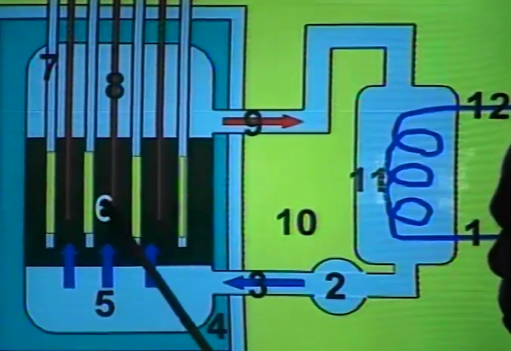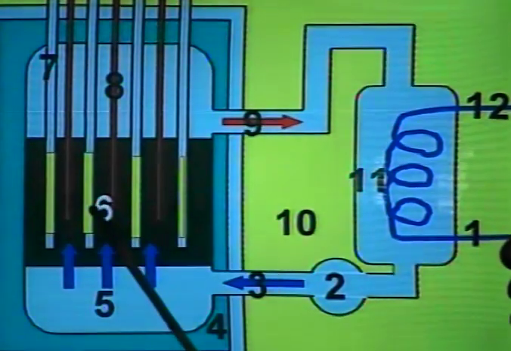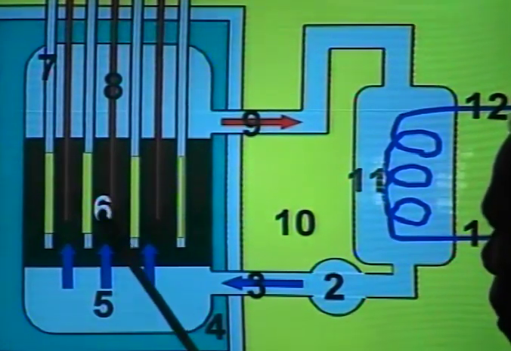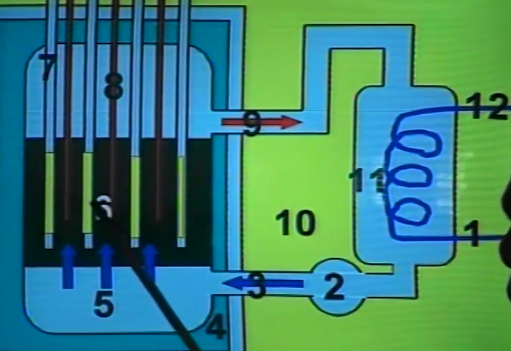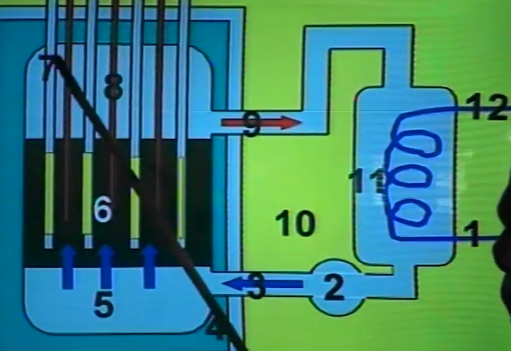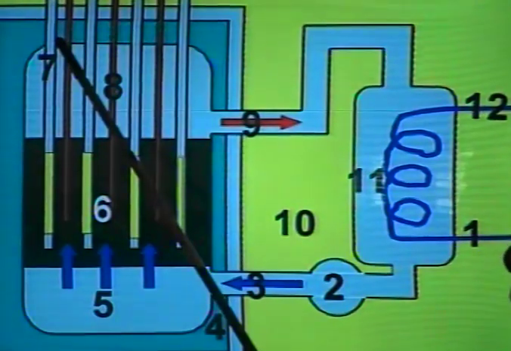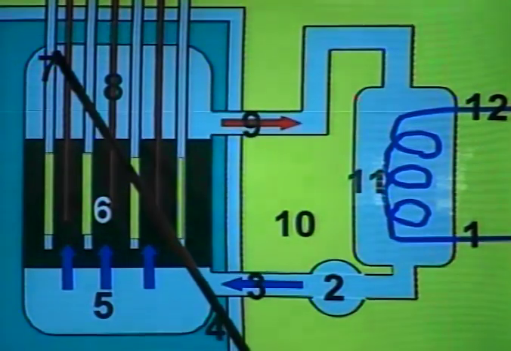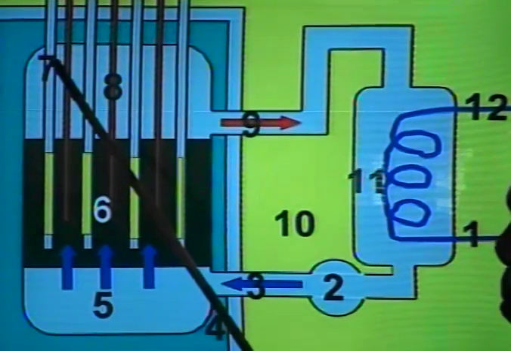All right, looking at number 6, those are basically the rods, which are uranium rods placed in here. And number 7 is simply the, what do you think number 7 is? It is the graphite moderator.